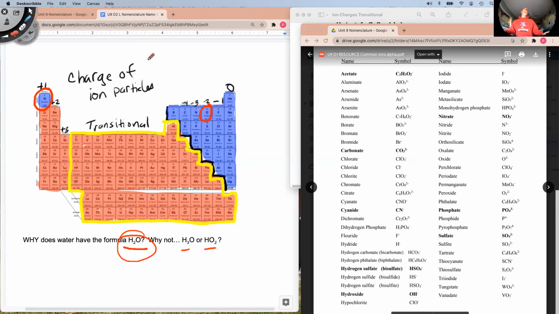When we put those together, you're going to need one hydrogen, which has a plus charge, another hydrogen that has a plus charge, and the oxygen that has a 2- charge, and that makes a 2+ balancing out a 2- charge. And that's why we have H2O. If we made H3O, or 3 hydrogens, the charges wouldn't be balanced. So you end up with 2 hydrogens for every 1 oxygen based on their charges.